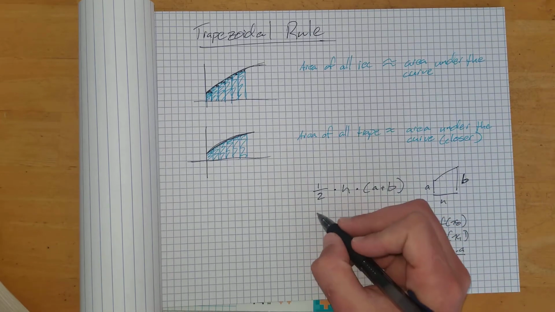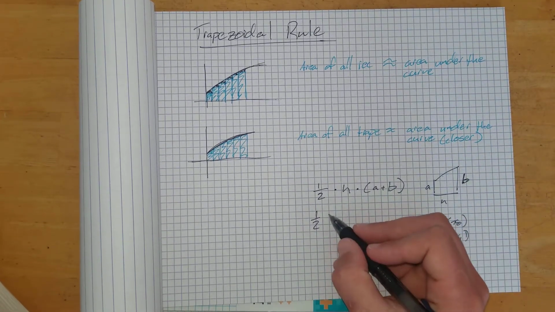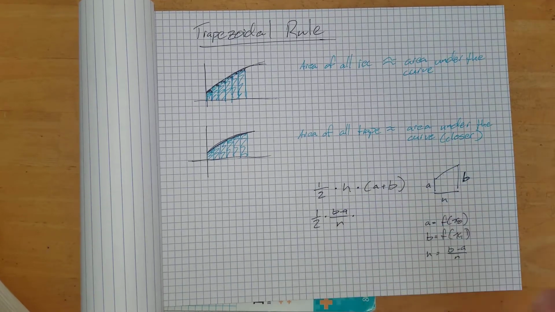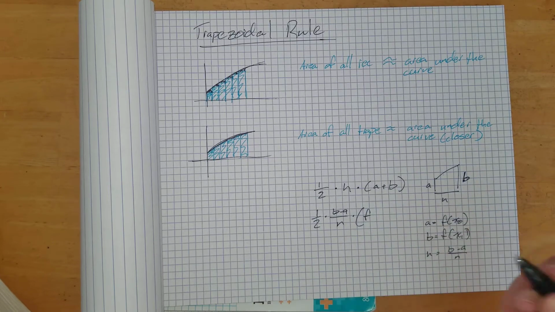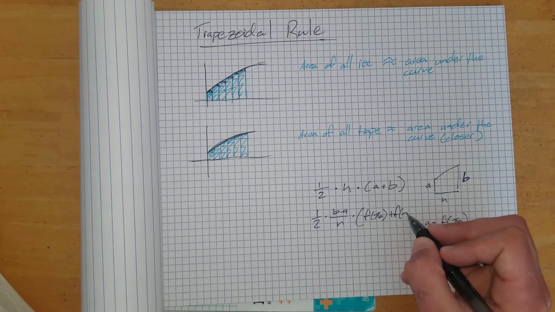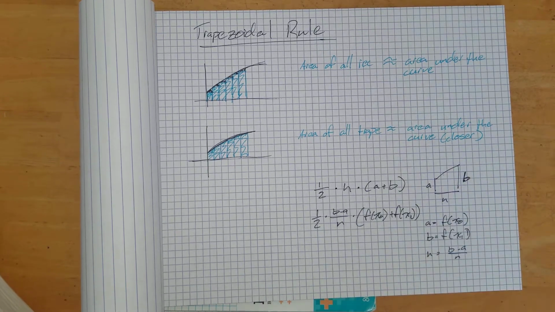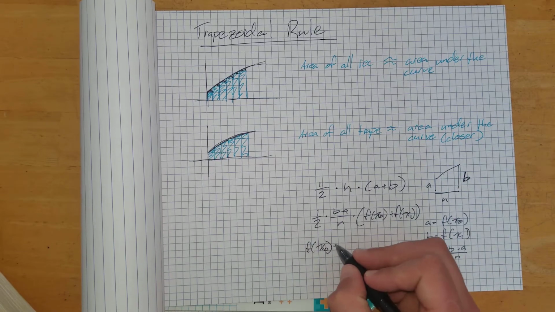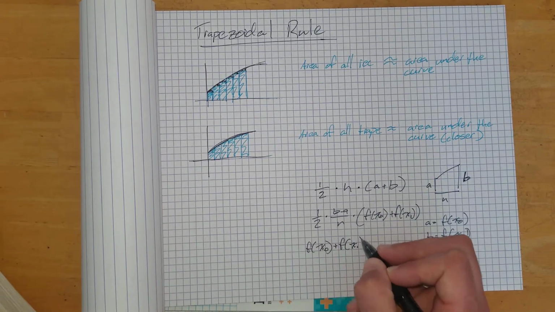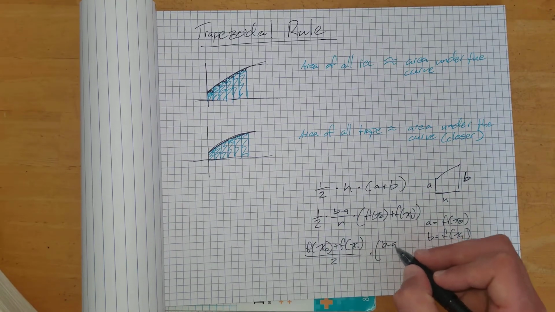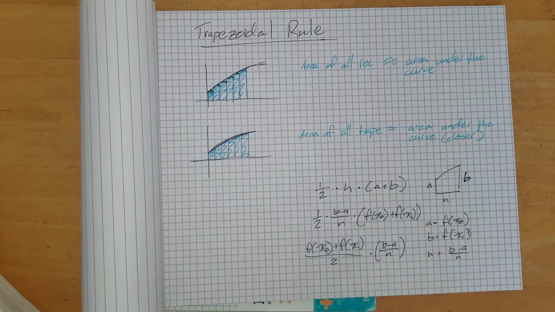And so if we plug that back in over here, we're going to get times b minus a over n, and times f x naught plus f x1. So to simplify this, we will get f x naught plus f x1 divided by 2 times b minus a over n, which, I lost my spot.